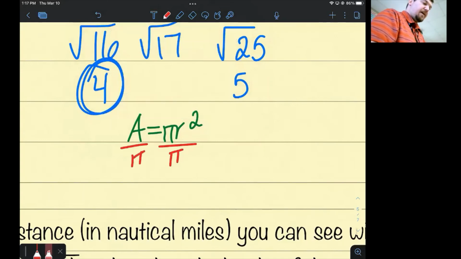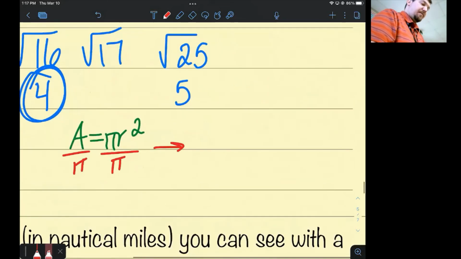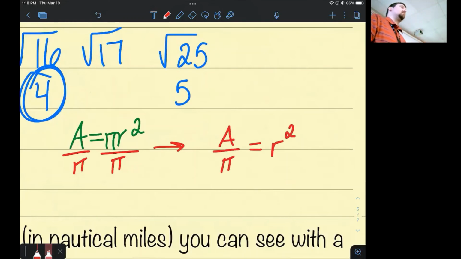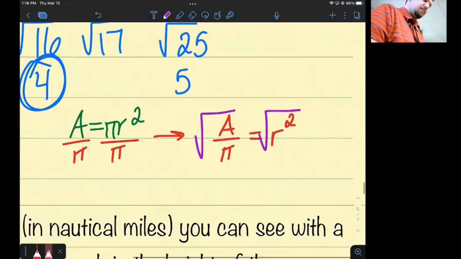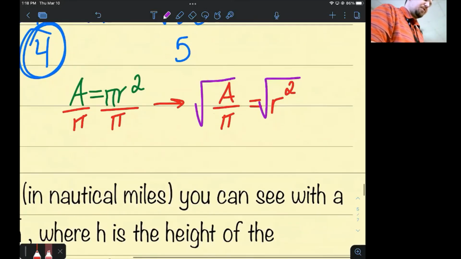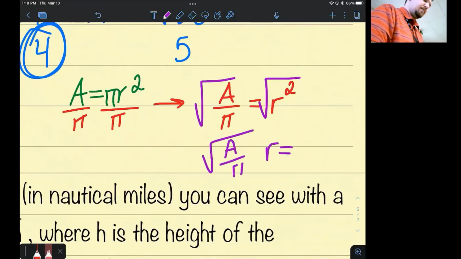So now we have A over pi equals radius squared. Garrett, what would I do now to get r by itself? Square root both sides. So according to this, to find the radius, I would do square root of capital A over pi.